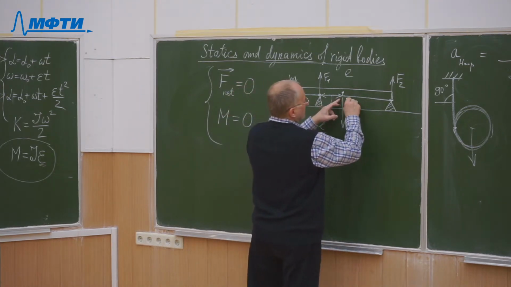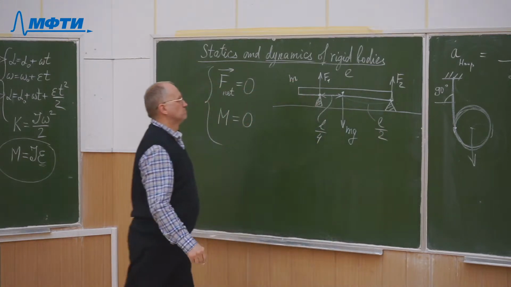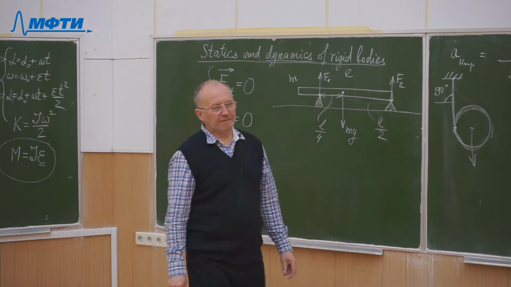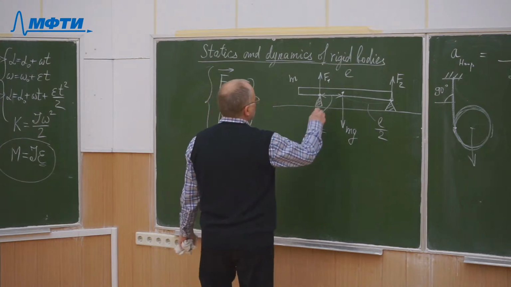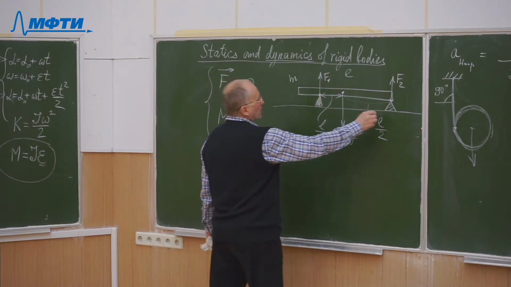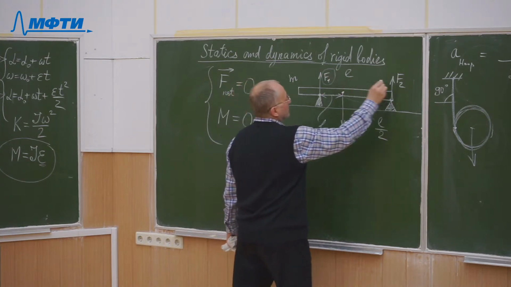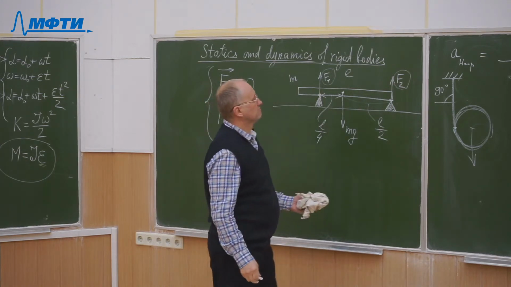And this length here will be L over 2. The bar is supported in 2 points, and our purpose is to find forces F1 and F2, the forces of reaction acting on the bar.